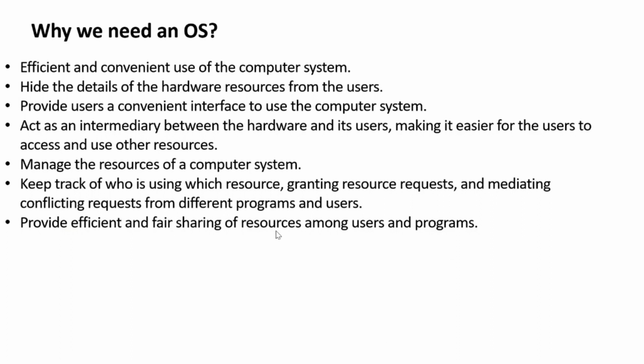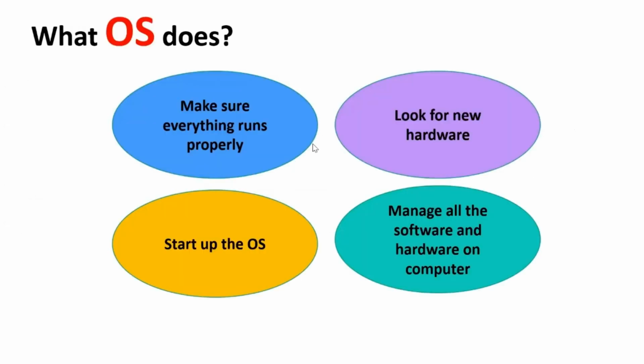Usually, you will have to share resources like printers, scanners, kinds of hardware. Sometimes you will have to share software installed in servers, right? So operating systems make all this resource sharing very efficient among the users and the programs.